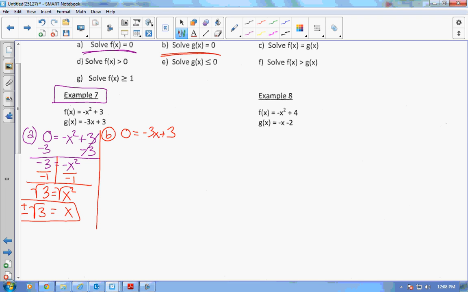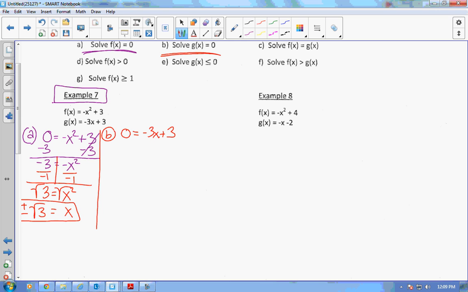When you're solving, you should be using inverse operations. So when you subtracted 0 minus 3, that number should be negative 3. And then one more step and you're done. This one's not squared, so you shouldn't be taking square roots.